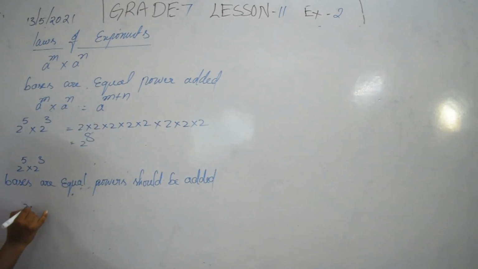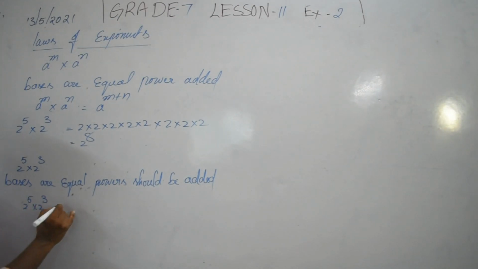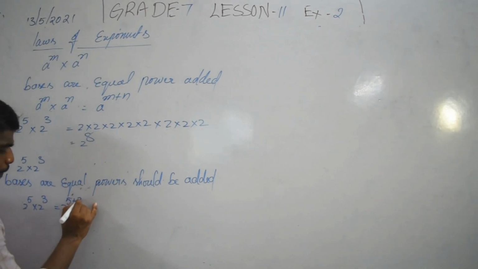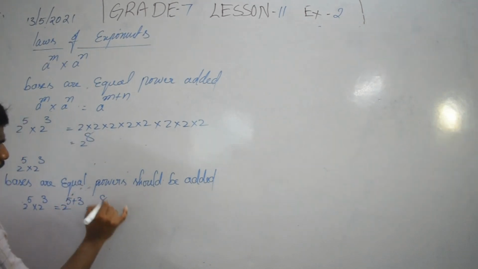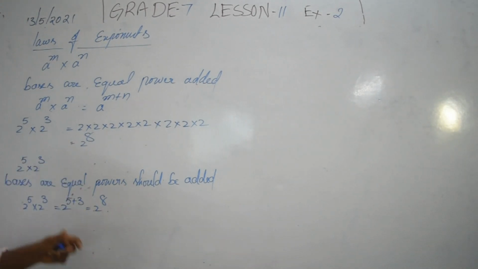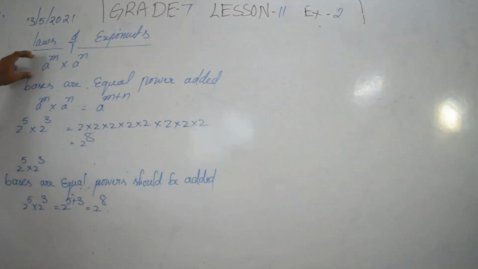Here 2 power 5 cross 2 power 3, the bases are equal with the cross symbol, so 2 power 5 plus 3, 2 power 8. Both are the same answer. So this is one law: a power m cross a power n equals a power m plus n.